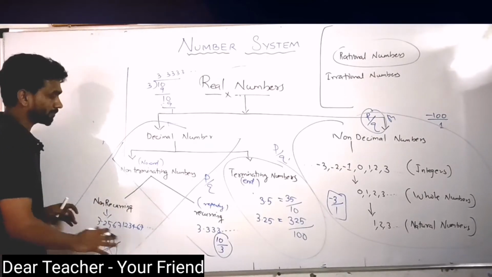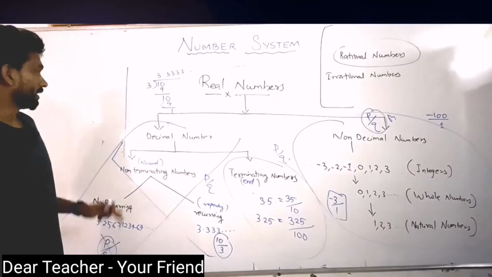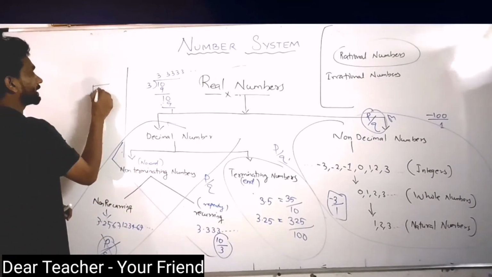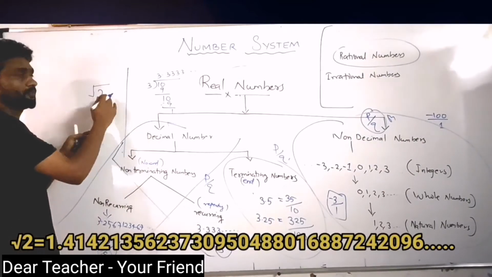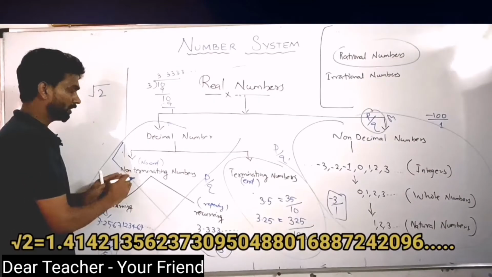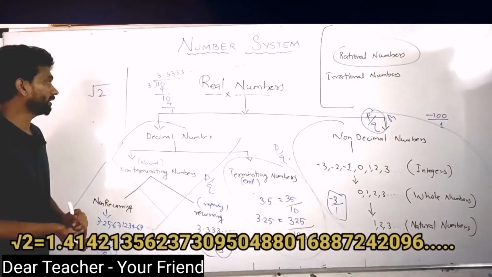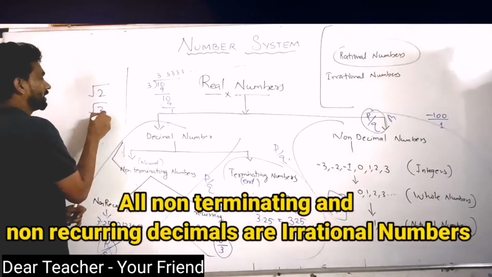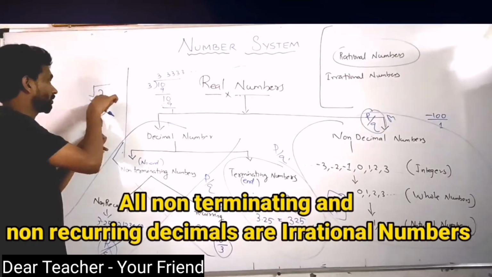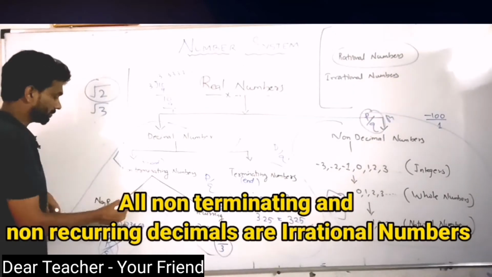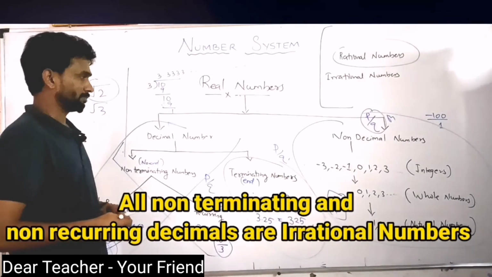For example, the decimal expansion of root 2. If you find the value of root 2, it will be non-terminating, non-recurring decimals. Root 3: it is not a perfect square, but it is under a square root, so the result will be non-terminating and non-recurring.